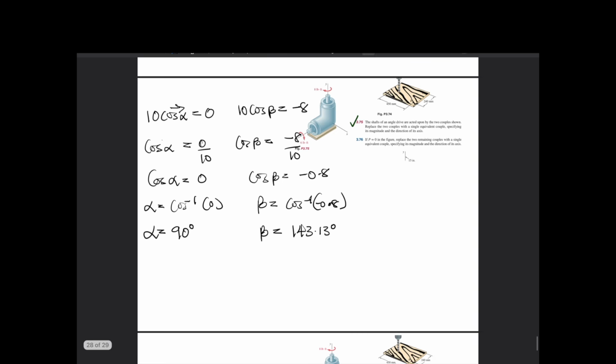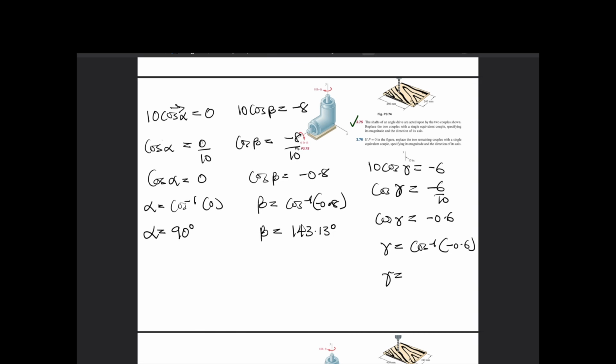And same thing for our gamma. 10 cos gamma is equal to minus 6, so cos gamma is equal to minus 6 over 10, which is minus 0.6, and gamma will be arc cos of minus 0.6, which should give us 126.87 degrees. So each of these values is the direction of our axis.